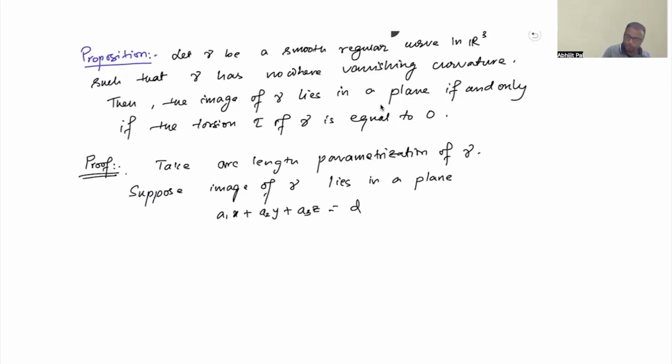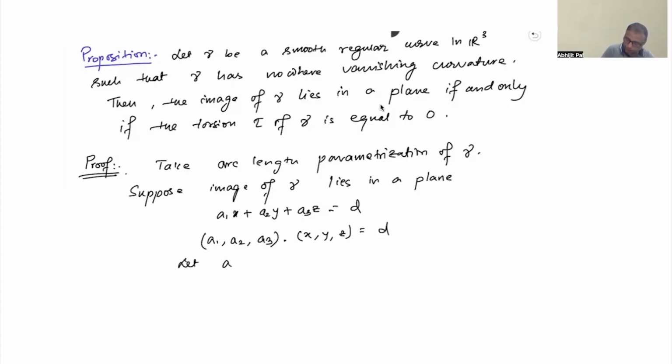This plane can be written as the vector (a1, a2, a3) dot product with the vector (x, y, z).